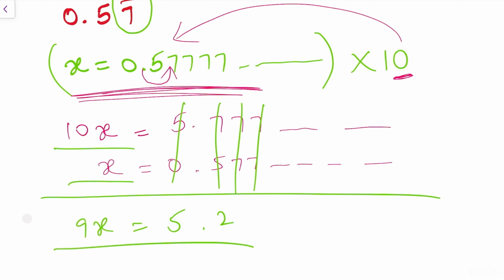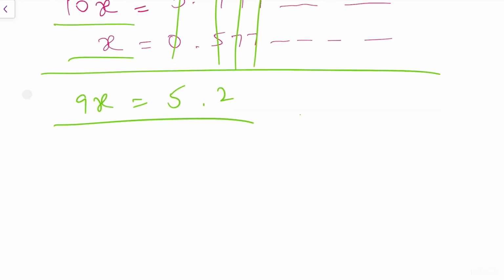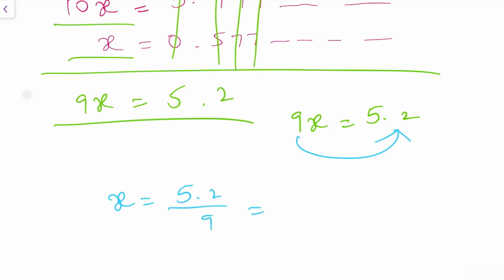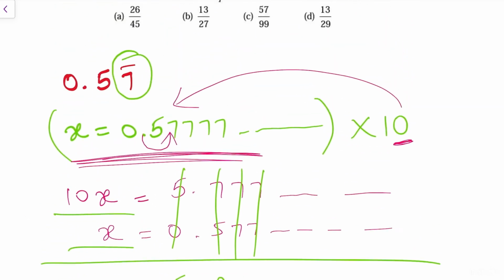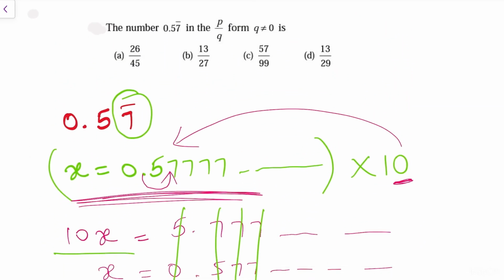So 9x equals 5.2. We need to find the x value, so take 9 to the right side. Then x equals 5.2 divided by 9. Here I am writing 5.2 as 52 by 9. Since there is 1 digit after the decimal, I remove the decimal and keep 1 zero here. So the answer is 52 divided by 90.